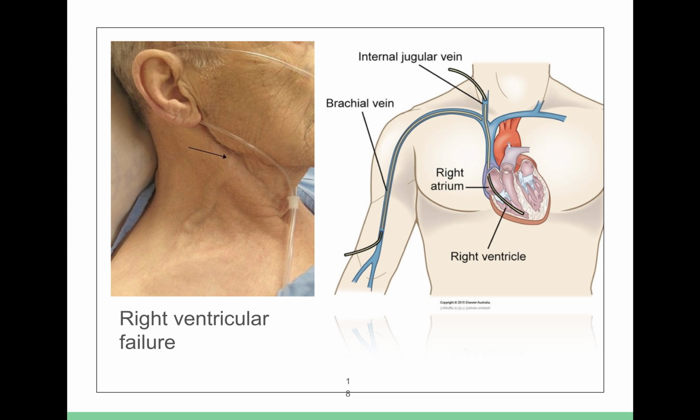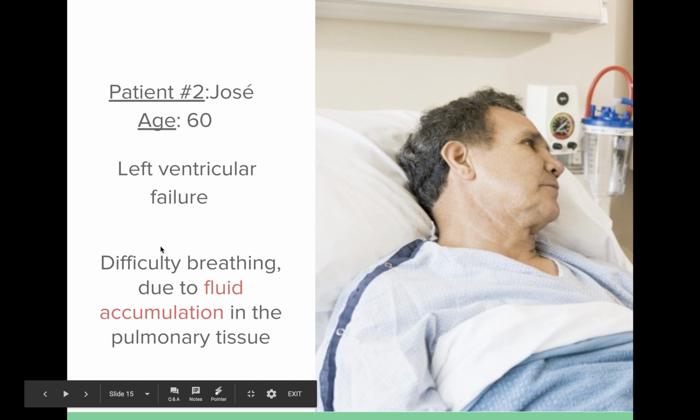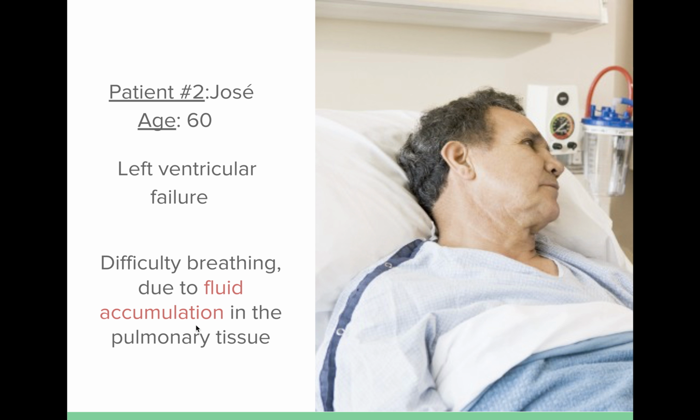And we'll talk about, when we talk about the respiratory system, why that fluid can make it so difficult to breathe. So that's left ventricle failure, where we have this problem of the left ventricle failing, the blood backs up into the pulmonary circulation, increasing the hydrostatic pressure and driving more fluid out than we can reabsorb.